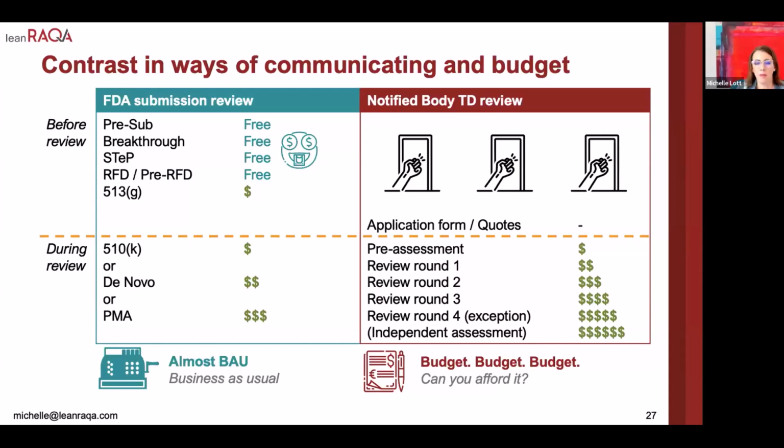The notified bodies, they really don't have anything like a pre-sub. Some of them have a little bit of a pre-assessment process about are you ready or not, but it's certainly not free and not to the level of communication that you get through the pre-sub process. Right now, it's also difficult to have an application process successfully completed.